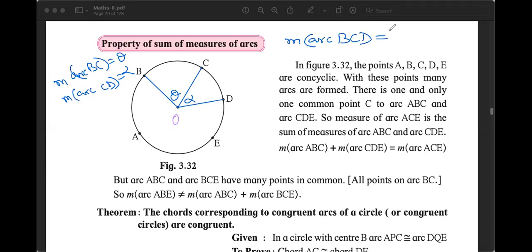Theta plus alpha. Anushka, correct. It's very simply theta plus alpha.